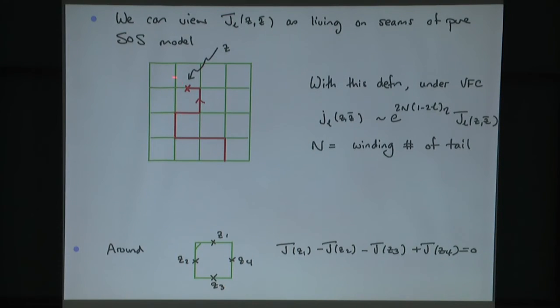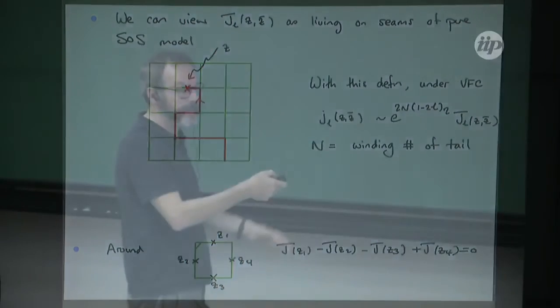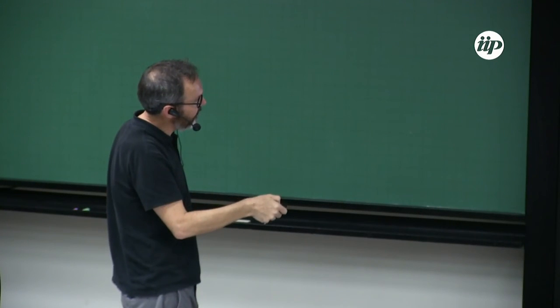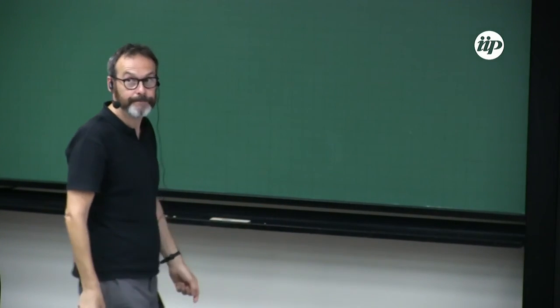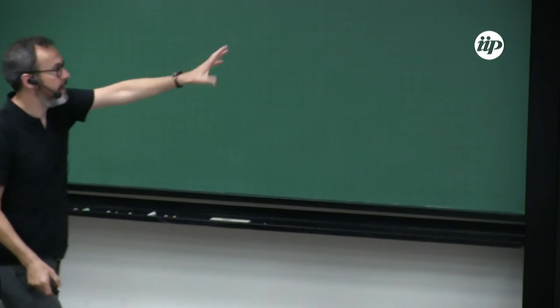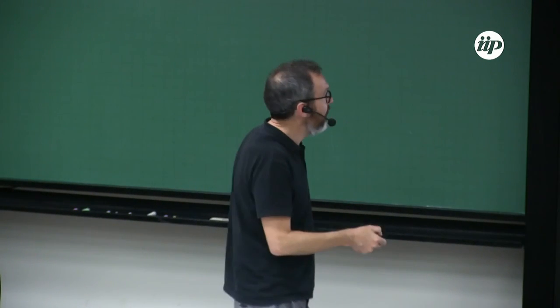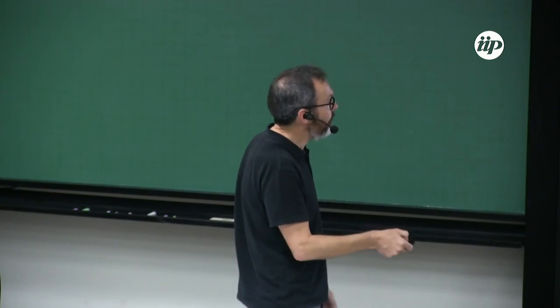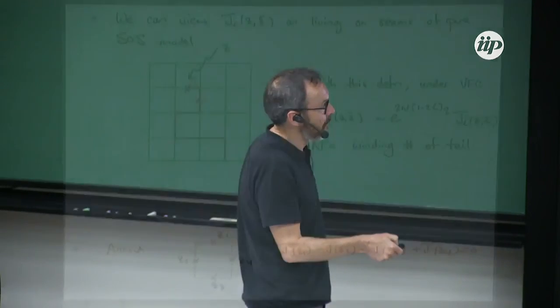So what I end up with is a non-local current that looks like this. There's a local insertion, which is this capital Fi, and then there are a bunch of these TIs around here. And these live between the edges of the SOS models. So if I'm careful about what I mean by this, I can just view them as living like this. Okay, and these are just given by these JLs. So it all goes through, and you end up with SOS non-local currents here.